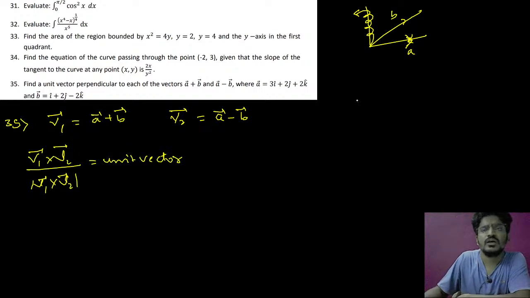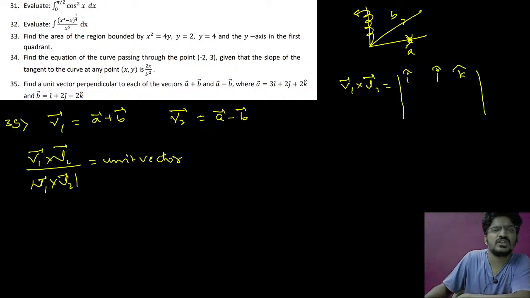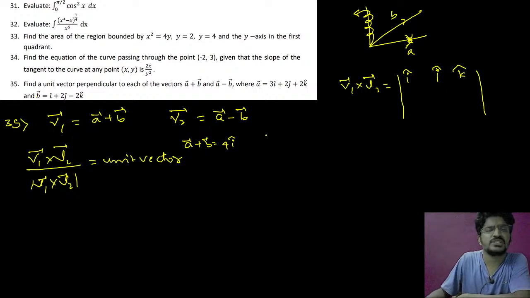Now we shall find v1 cross v2. For that we need a plus b, with i cap, j cap, k cap. You see here 3 i cap plus i cap is 4 i cap. This is vector a plus vector b. 3 i cap plus i cap is 4 i cap, 2 j cap plus 2 j cap is 4 j cap, 2 k cap minus 2 k cap will get cancelled, that will be 0.